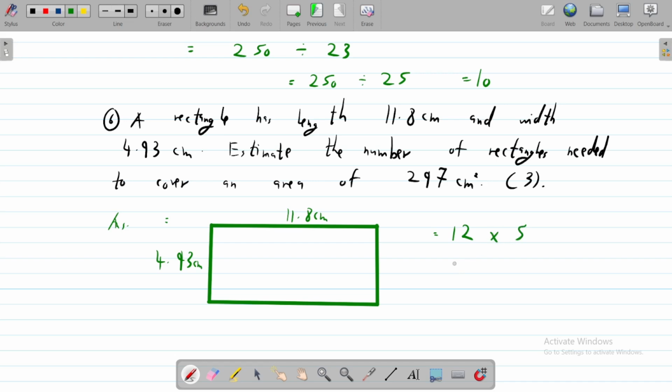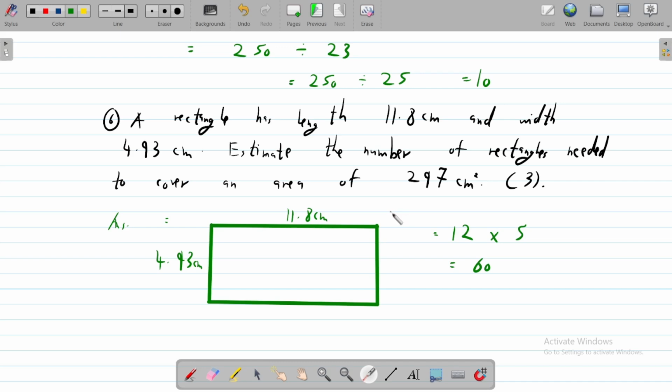Okay, so 5, and then we get 60, correct then? Oh, no worries. We'll see this. Now, firstly, look over here. They told us that each triangle has this length and that width. So we first have to calculate the area for each triangle. That's roughly 60. Estimated, it's about 60.